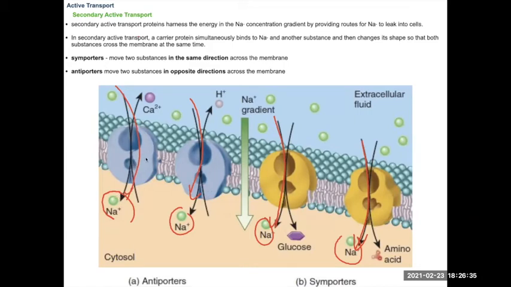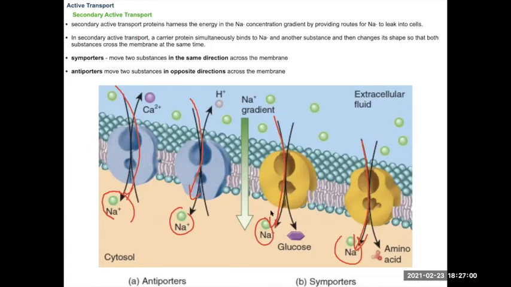In this case, the channel is coupled such that every time sodium comes in, calcium is going to leave. Sodium comes in, hydrogen leaves, right? So they're coupled. Or in these cases, sometimes you have a low concentration of glucose over here for some reason, or amino acid, you want to bring them into the cell.